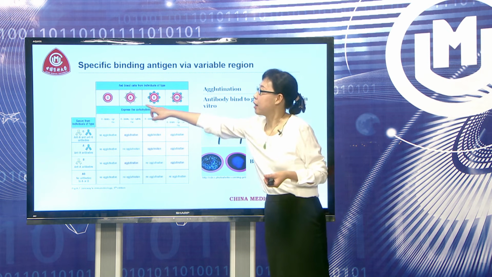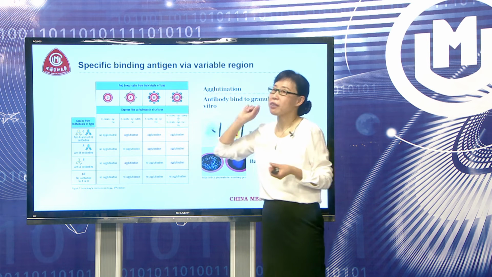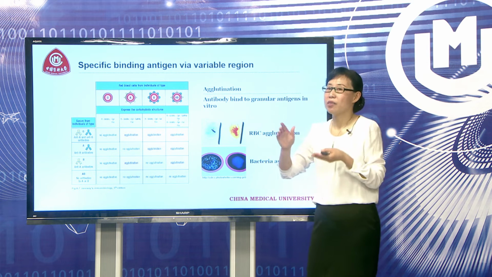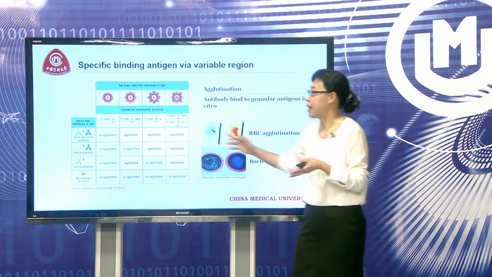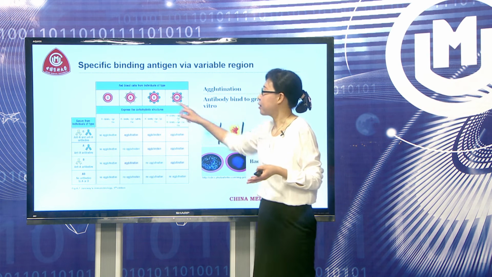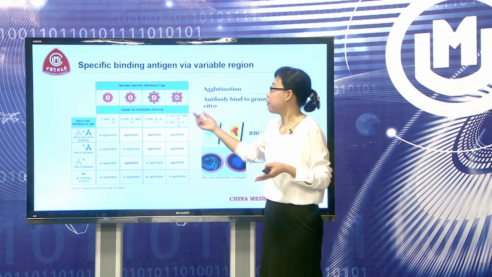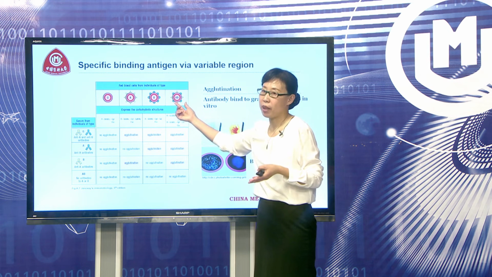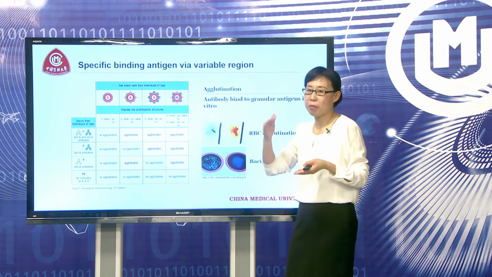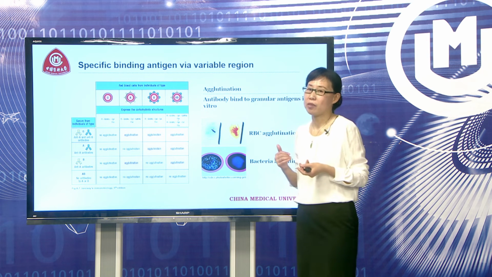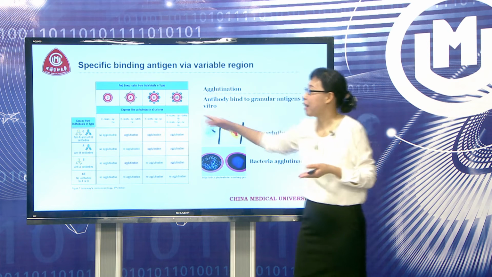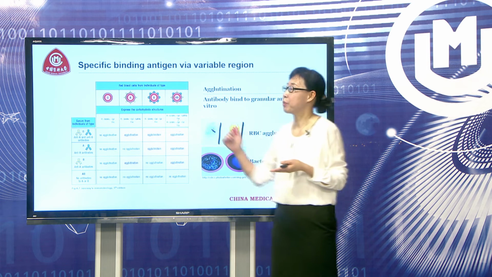For example, if the red blood cells express the A antigen, the blood type is A. If the cells express the B antigen, that is B blood type. If the cells express both A and B antigens, that is AB blood type. If they express nothing, that is O blood type.